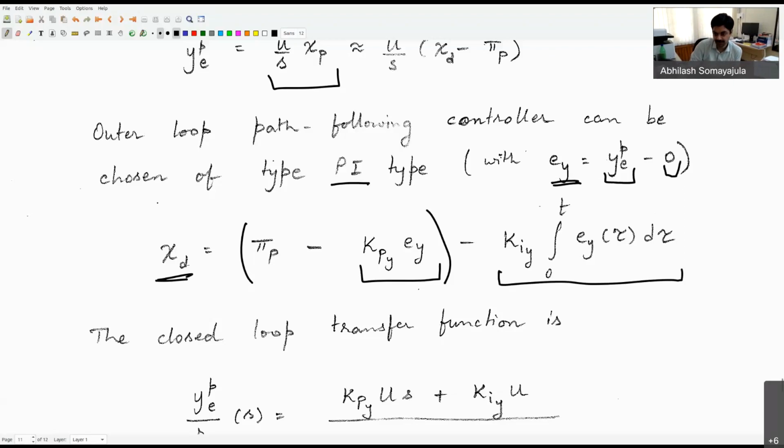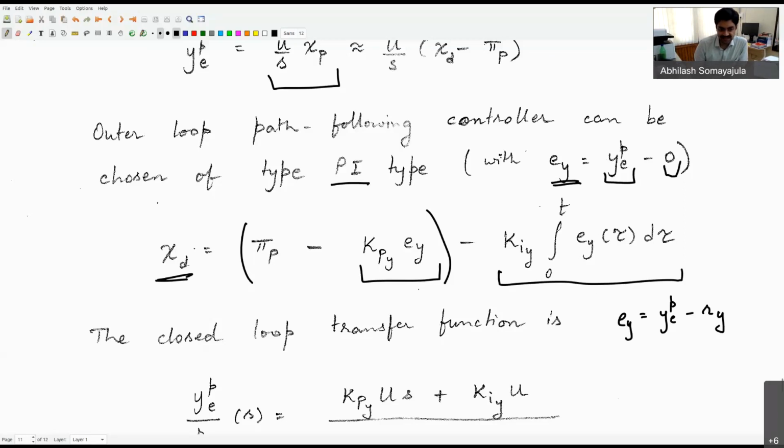But for the purpose of clarity, let us say that I specify this EY as YPE minus some reference value RY. We are choosing that RY as mostly 0 for most of our purposes, but let's say that I choose that value of RY and give it a name.